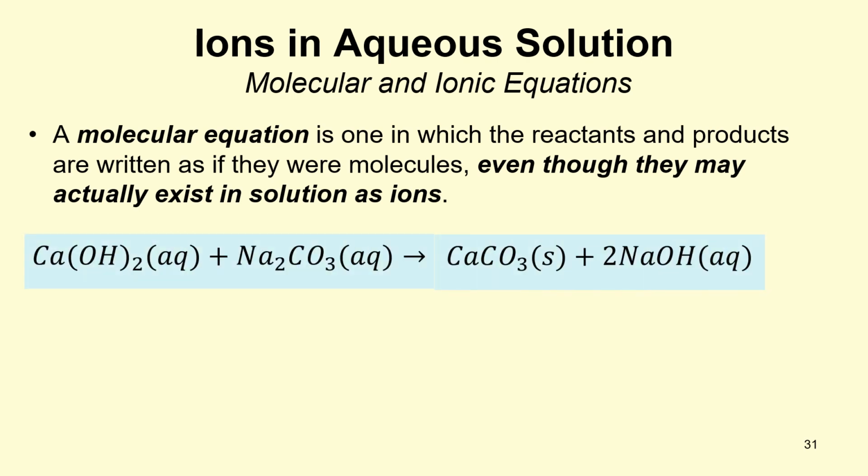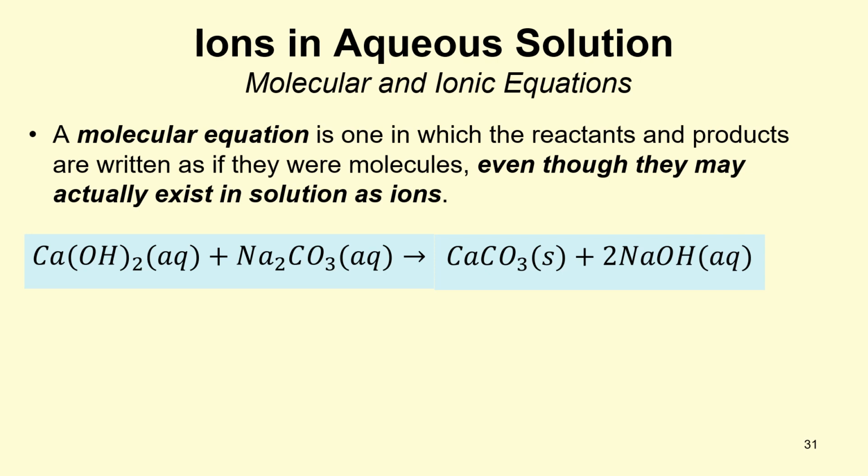So in this example, calcium hydroxide, aqueous, plus sodium carbonate, aqueous, gives us calcium carbonate, solid, plus sodium hydroxide, aqueous. And if we go through our solubility rules, we know that most hydroxides are insoluble, but calcium is soluble, so that's why we represented that as aqueous.